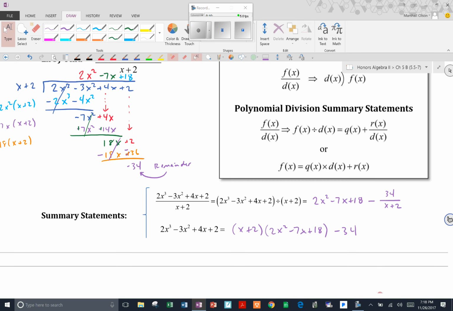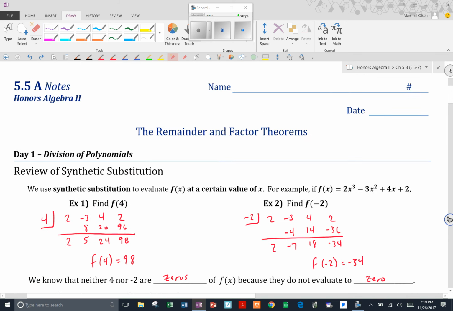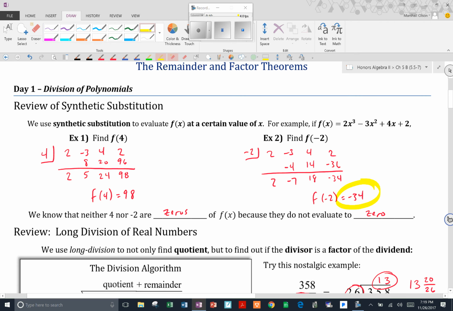So, I'd like you to notice something, if you haven't already. Some of you might have already noticed this. This number should look somewhat familiar, that negative 34. If we go back to our second problem we did, it's the same number we got up there. In fact, we were evaluating that same function at negative 2.